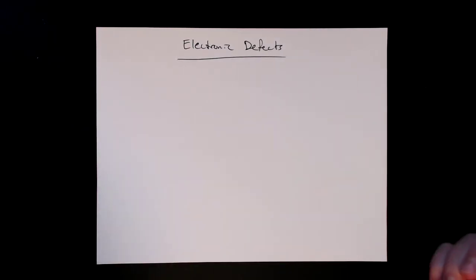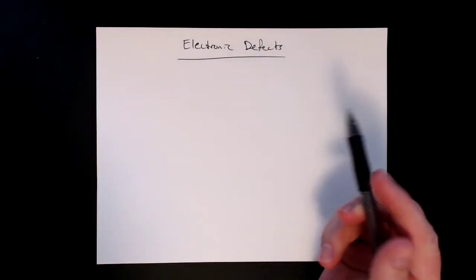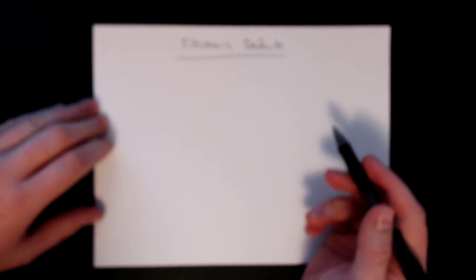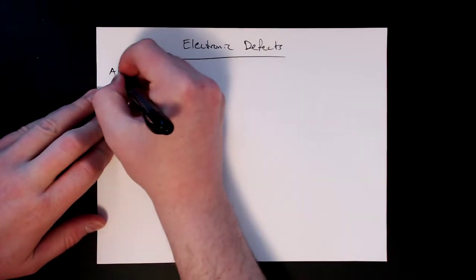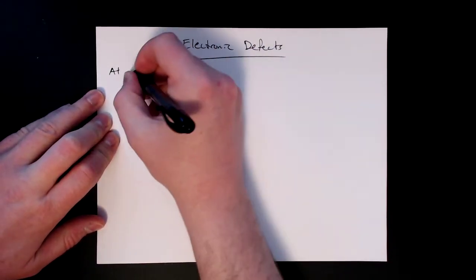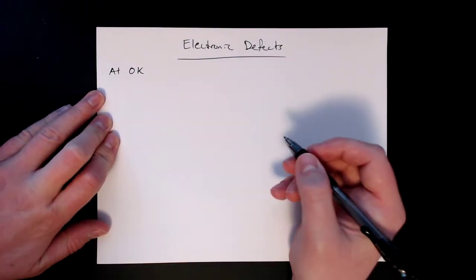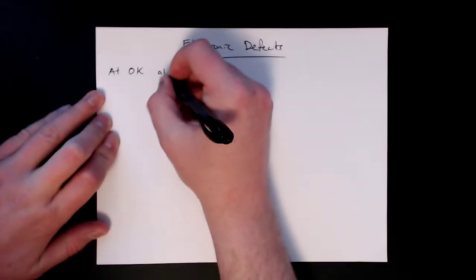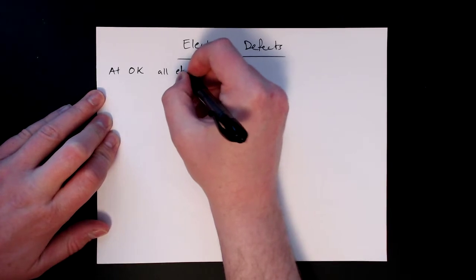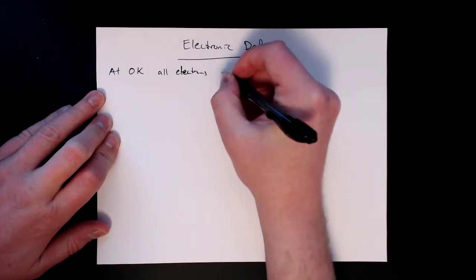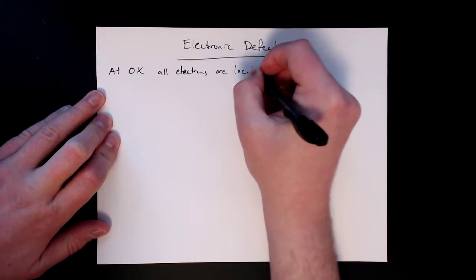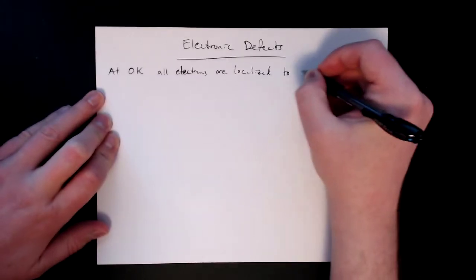All right, in this module, let's talk about electronic defects. And we're going to start by considering the absolute zero case. So at 0K, all electrons are localized to the nuclei.